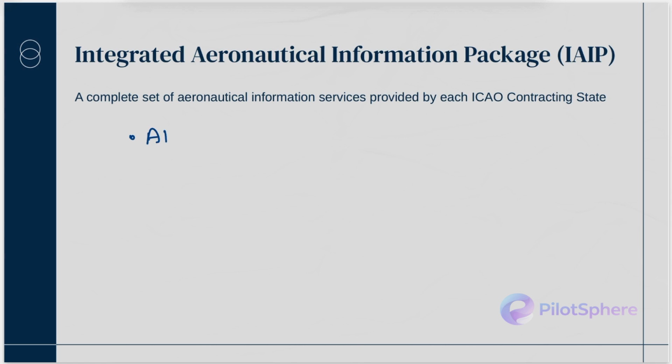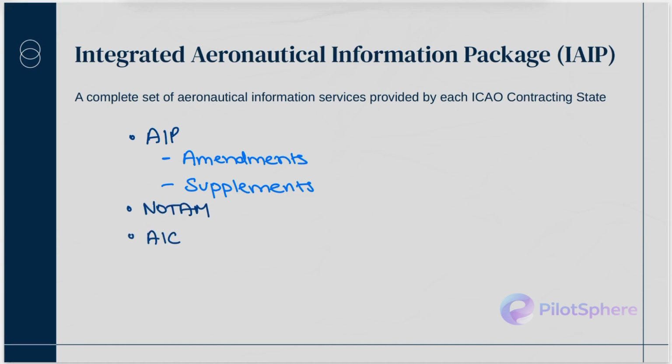We know that AIPs are there. And under the AIPs, we have amendments being provided. And we also have supplements that we covered. Then we have our NOTAM. We looked at the AIC.